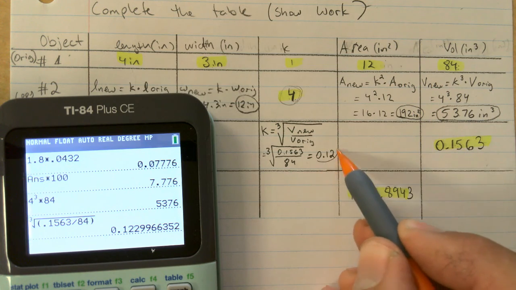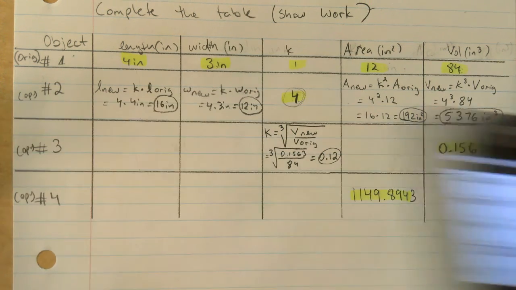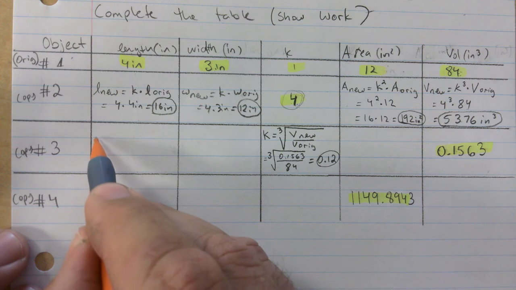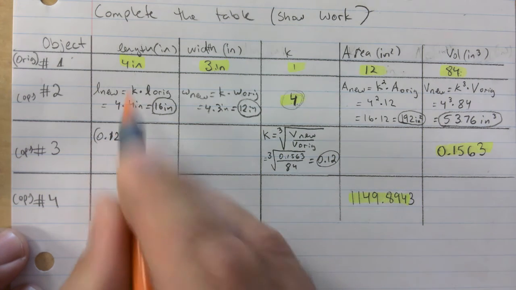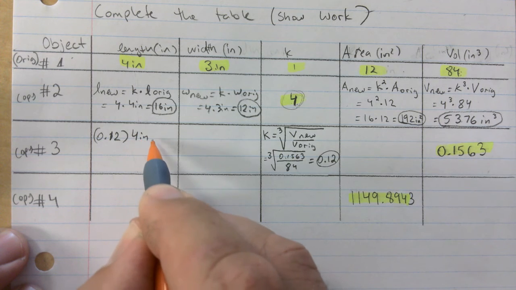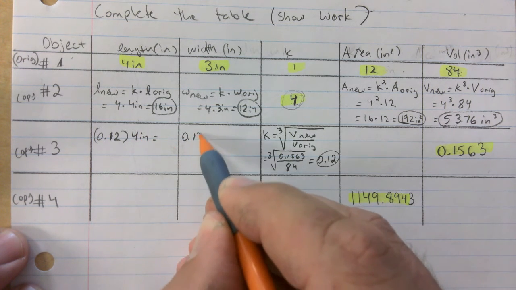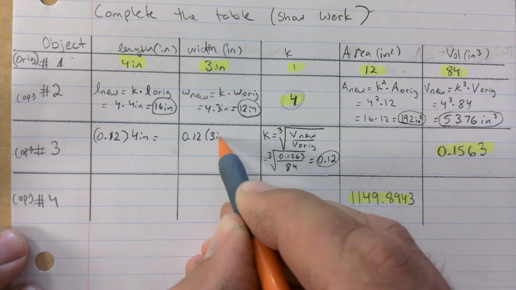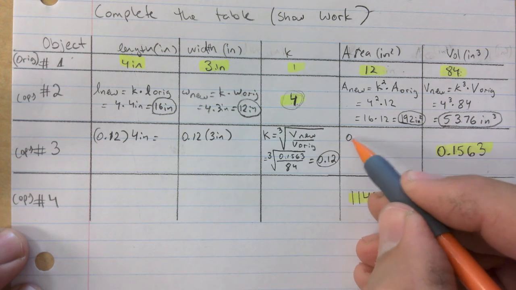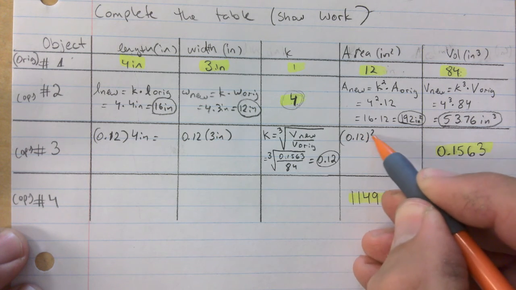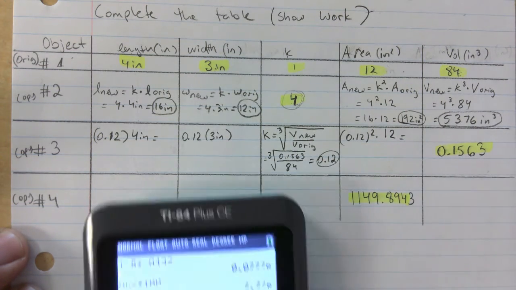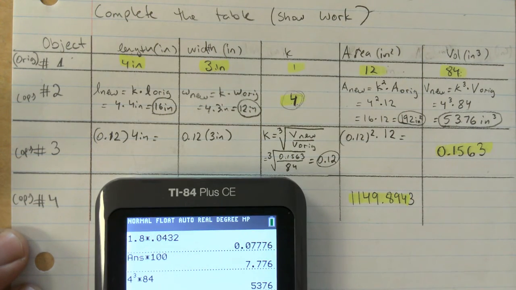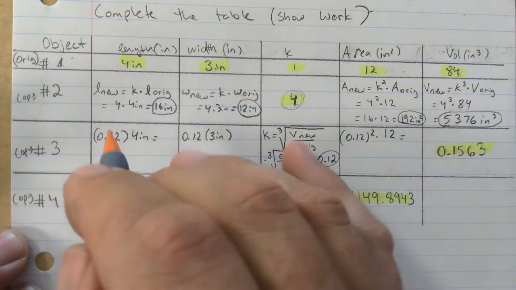But 2 decimals is the minimum. And now, without writing down the formulas, it's just 0.12 times 4, and this is 0.12 times 3, and this is 0.12 squared times 12. And that's how you get your answers. This is 0.48.